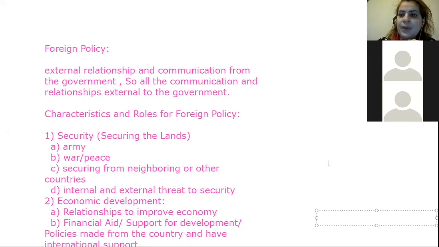Sometimes, for example, UN bodies like UNESCO or UNHCR deal a lot with that. They deal with countries that want to improve their education level and their cultural level. Foreign policy will deal with this because they need a lot of diplomacy, plans and policies with the UN and with other sectors in the world.